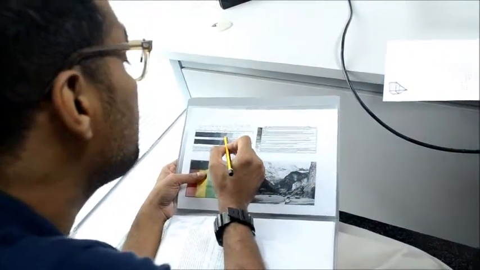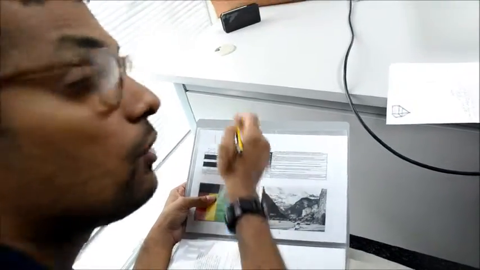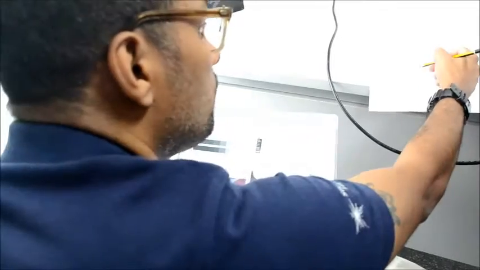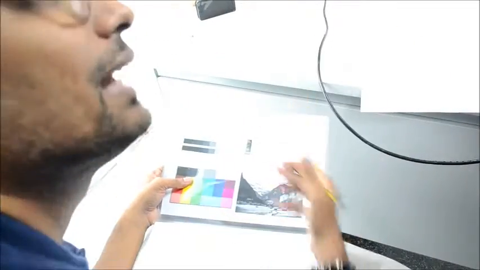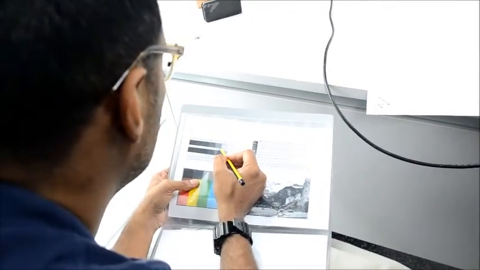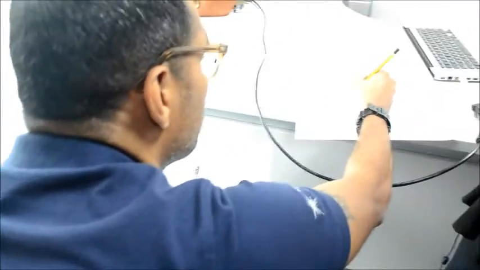It's giving me middle grade. Do you understand? All the readings that I'm taking over here, it's giving me middle grade. Now, the bag is my main thing, let's say. So when I look from here, I think the bag is 5. So I'm going to say the bag is zone 5.